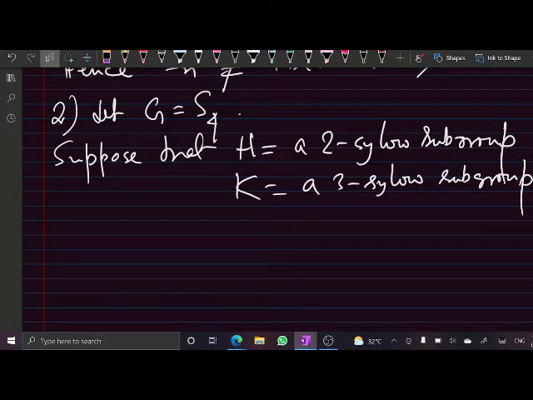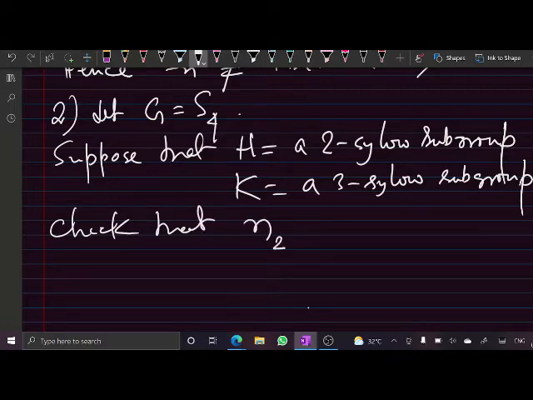Now, how many 2-Sylow subgroups and 3-Sylow subgroups will occur? Check that the number of 2-Sylow subgroups is 2k plus 1, right?